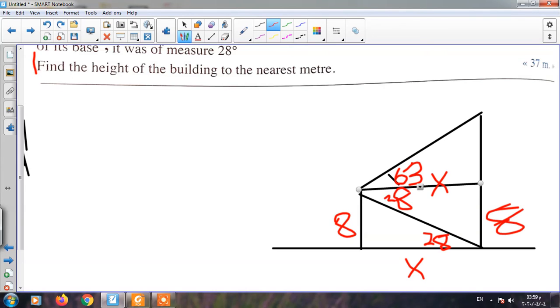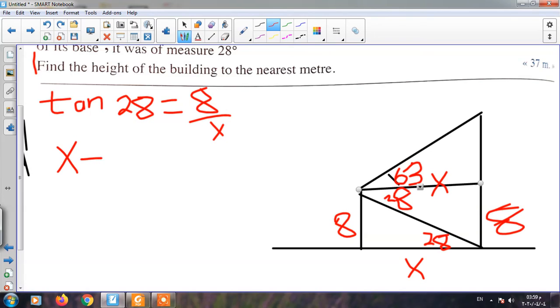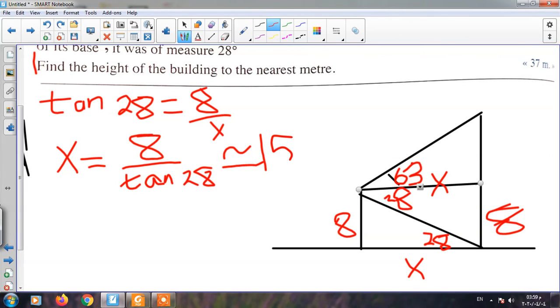We have opposite and adjacent, so tan 28 is 8 over x. From here, x will be 8 over tan 28, approximately 15. So this side is 15.